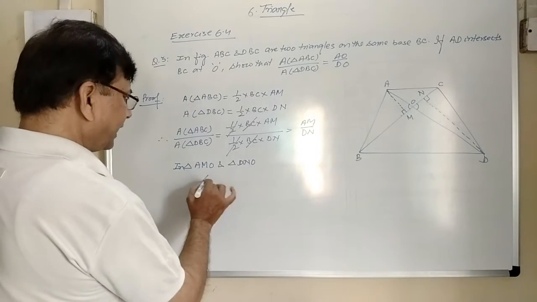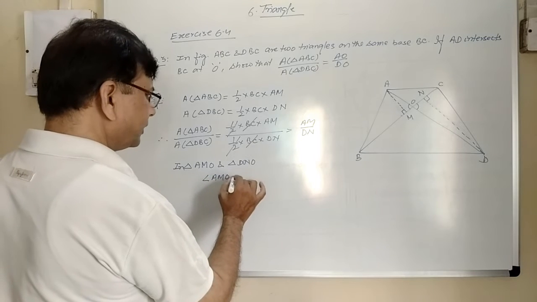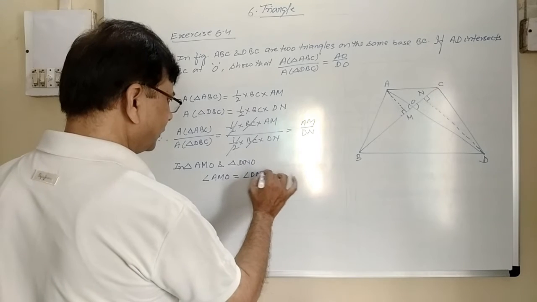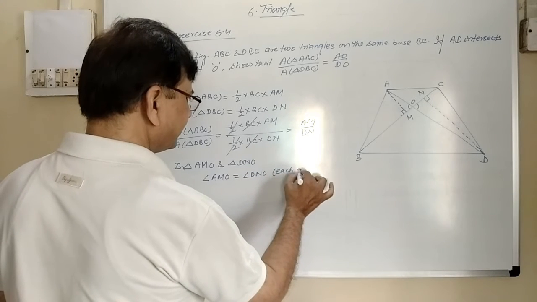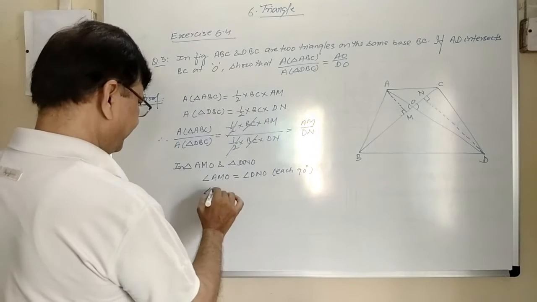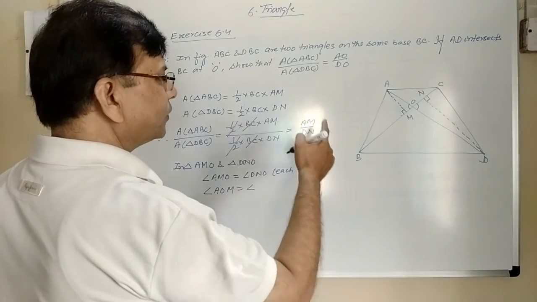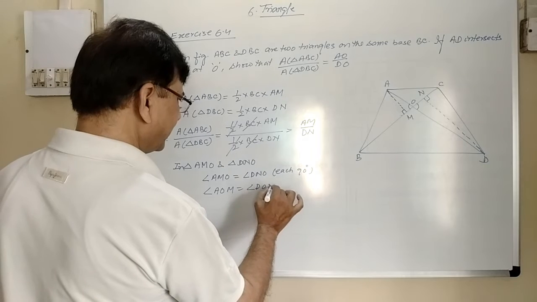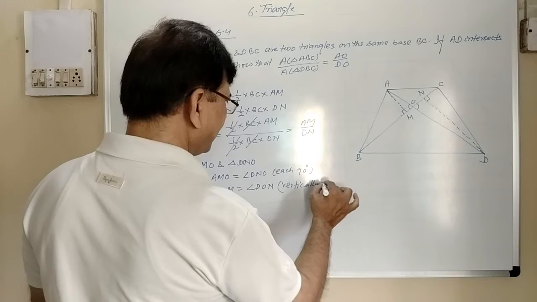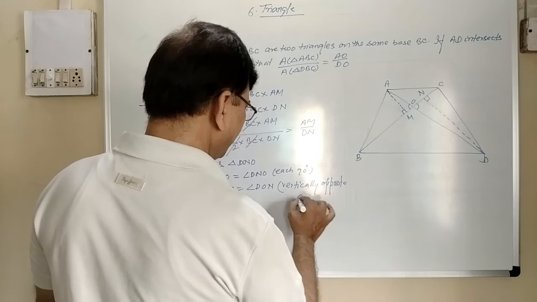So angle AMO is equal to angle DNO, each 90 degree, and angle AOM is equal to angle DON, that is called vertically opposite angle.